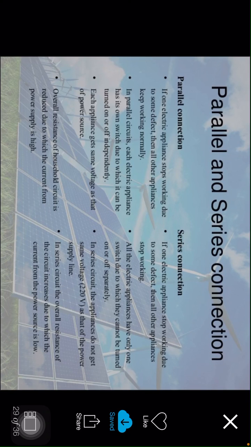In a series circuit, all the electrical appliances have only one switch, due to which they cannot be turned on or off separately. In a parallel circuit, each appliance gets the same voltage, 220 volts, as that of the power supply line. In a series circuit, the appliances do not get the same voltage as the power supply. In a household circuit, the overall resistance is reduced, due to which the current from the power supply is high. In a series circuit, the overall resistance of the circuit increases, due to which the current from the power source is low.